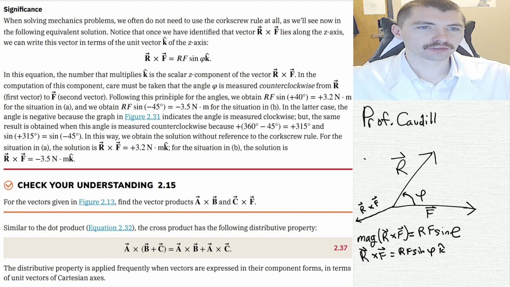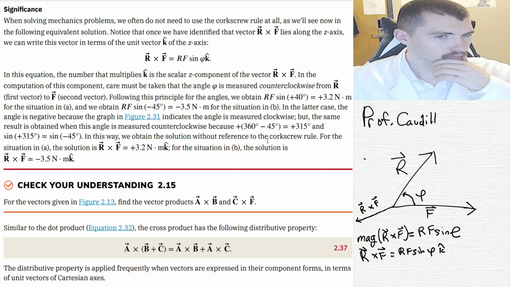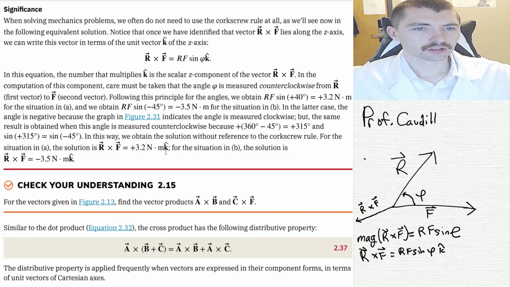Following this principle, rF sine 40 degrees is 32 newton meters in the k direction.